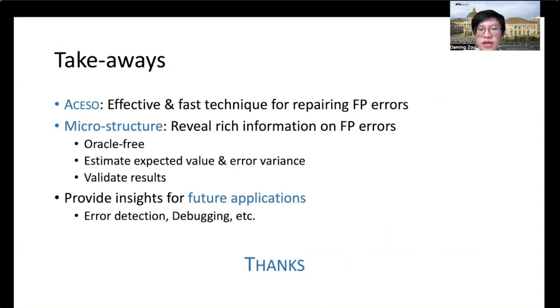Most importantly, it is oracle-free, and we can estimate values and error variance based on microstructure. It is also helpful in terms of validating results. We also expect the findings in this paper to provide insight for future applications, such as detecting floating point errors and debugging floating point programs.